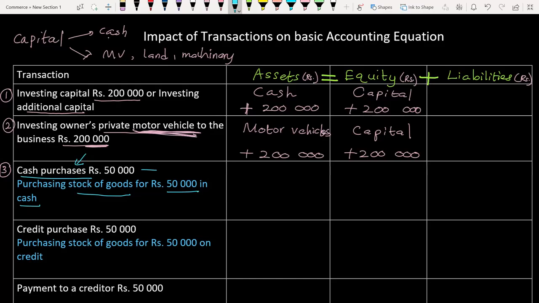Now this one is a shortened form of the transaction. Here I have elaborated this transaction, the long form of this transaction. So cash purchases means the business purchases stock in cash. What are the two impacts?